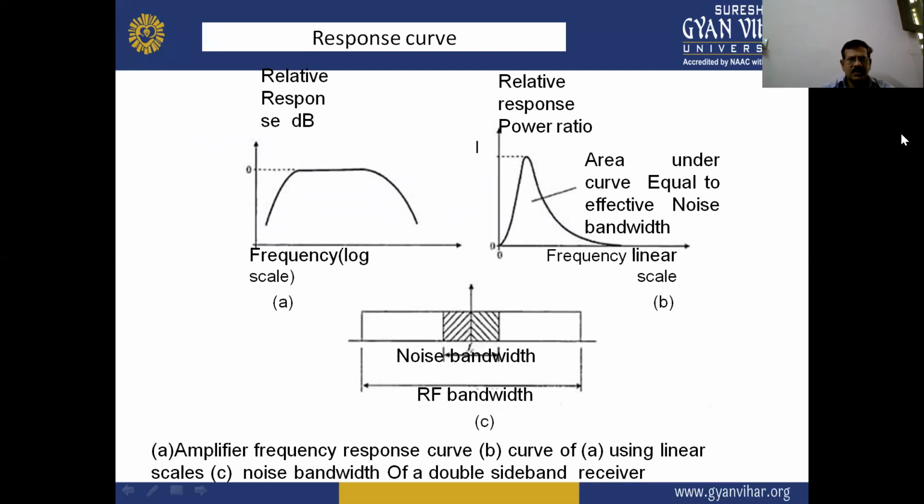There are different response curves: relative response versus frequency and power ratio versus frequency. There are the noise bandwidth, RF bandwidth, and area curve effective bandwidth equal to noise. The first curve shows the amplifier frequency response curve. B is the curve of A using linear scales, and C is the noise bandwidth of a double sideband receiver. So these are some response curves.